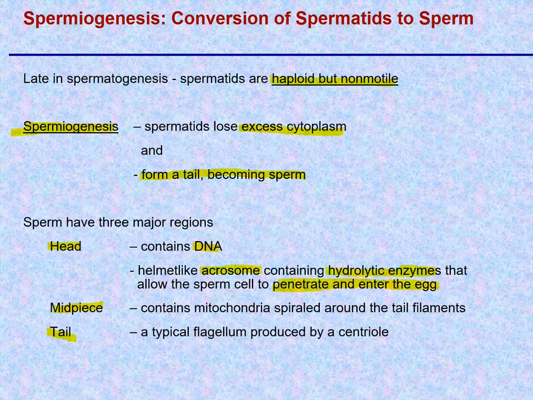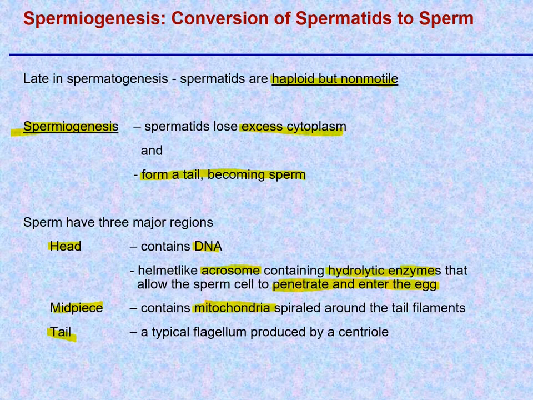egg. The midpiece contains lots of mitochondria because there's lots of energy that's required for this voyage up the ductular system of the reproductive tract in the female. Most fertilizations actually occur in the uterine tubes.